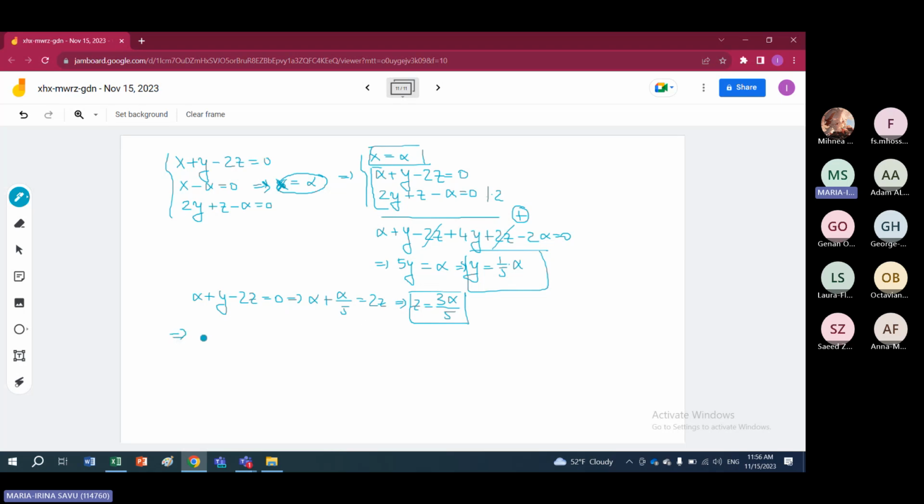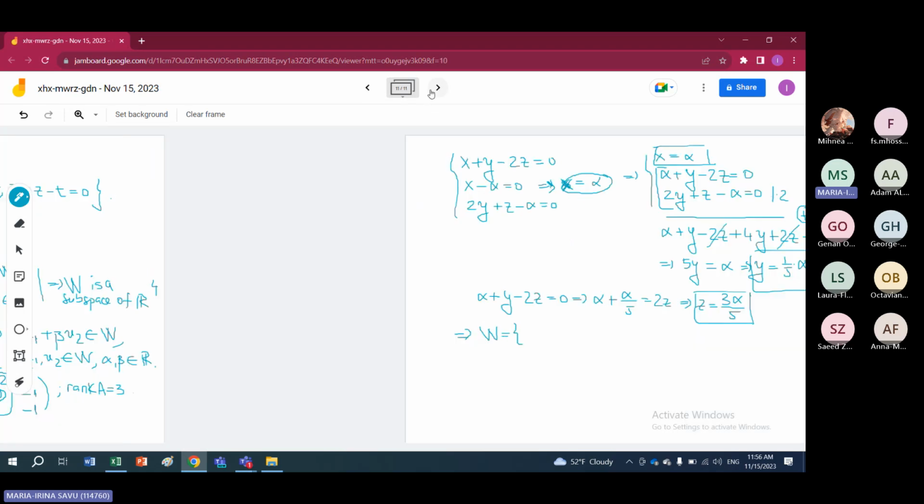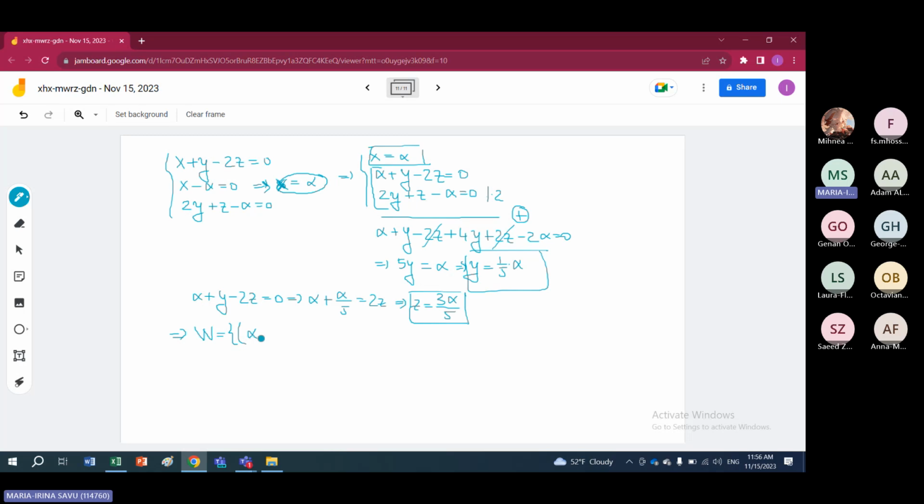So in this case, the space W is actually the space of all the vectors which look in this way. Instead of x, I'm writing alpha. y is 1 over 5 times alpha.